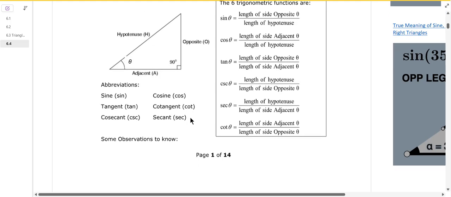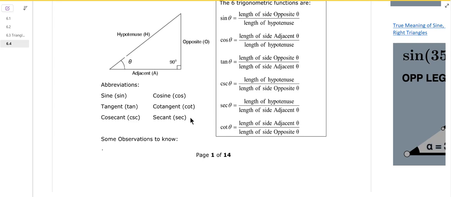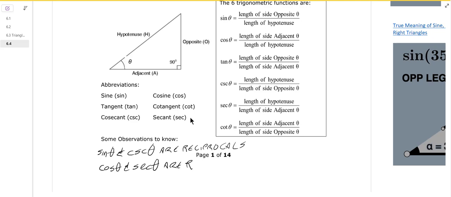A few observations: the sine theta and the cosecant theta are reciprocals. Another observation based on the definition is that the cosine and the secant are also reciprocals of each other.